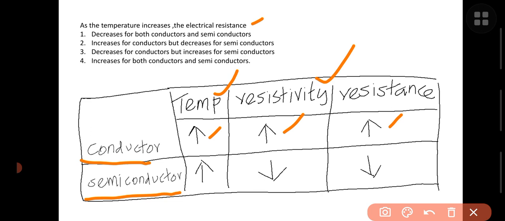Whereas in semiconductors, when the temperature increases, resistivity decreases. This is the property of a semiconductor. When the temperature increases, resistivity decreases and the resistance is also decreasing. With the help of this property, we select the right answer, that is option number 2, increases for conductors but decreases for semiconductors. That is the right answer.